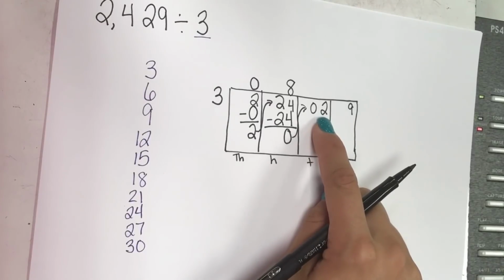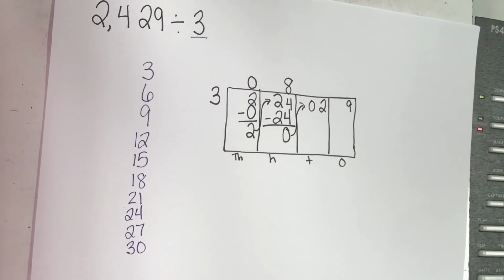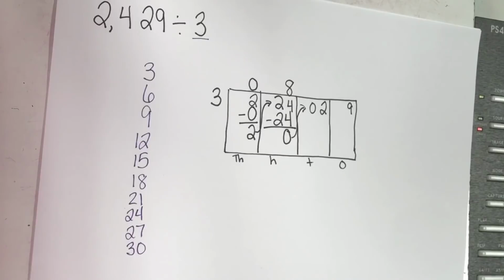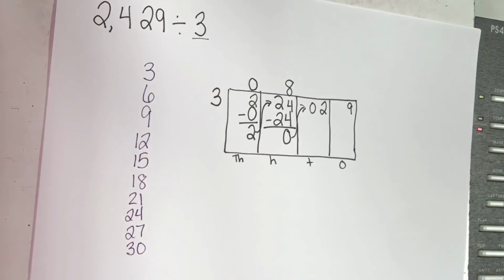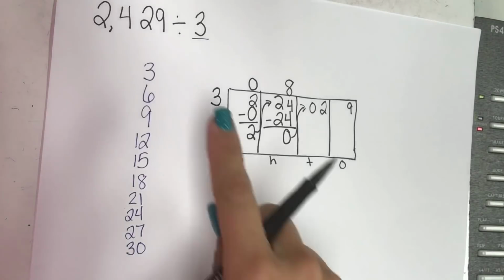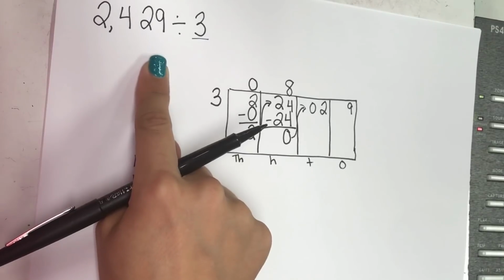So here, if I have 2, what's the first multiple of 3 that's bigger than 2? 3. Well, I agree, 6 is bigger than 2. But is there one that's the first one? No, going down the list, 3 is the first one bigger.